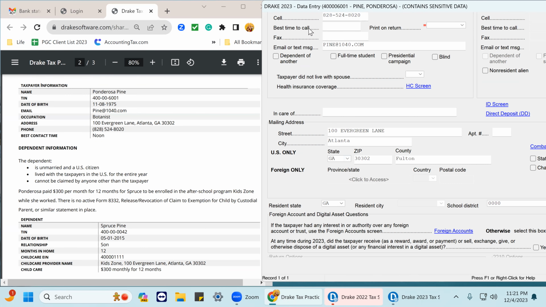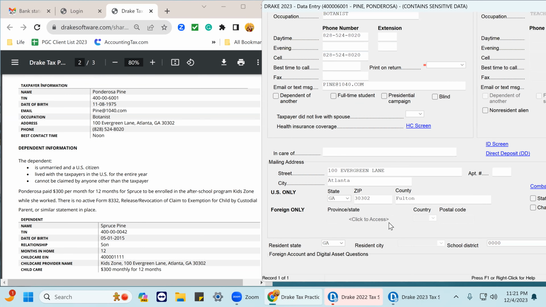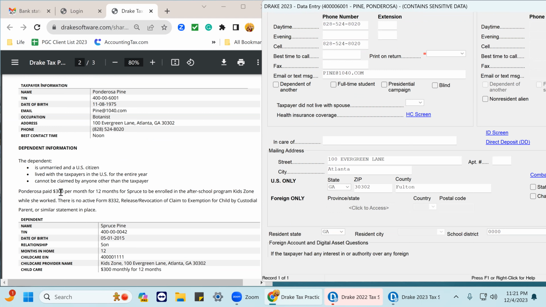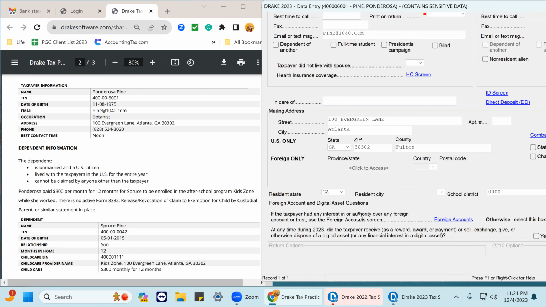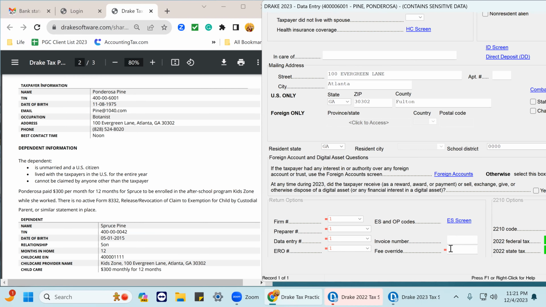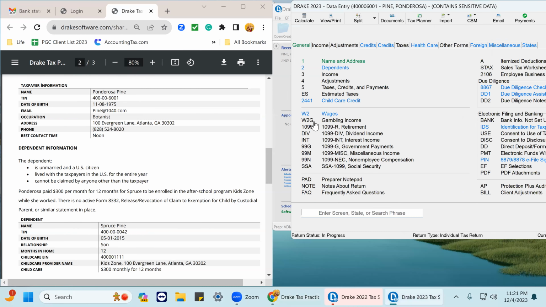This person takes care of the kid more than 50%, so she's qualified to take the kid as a dependent, and also the earned income credit, child tax credit, all of them. That's why the due diligence when we answer is very important here.